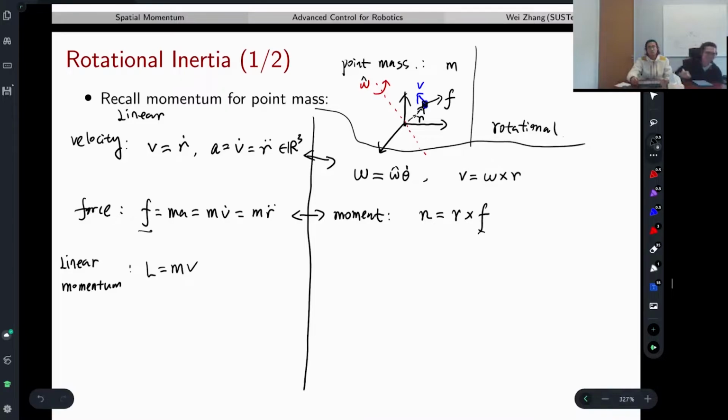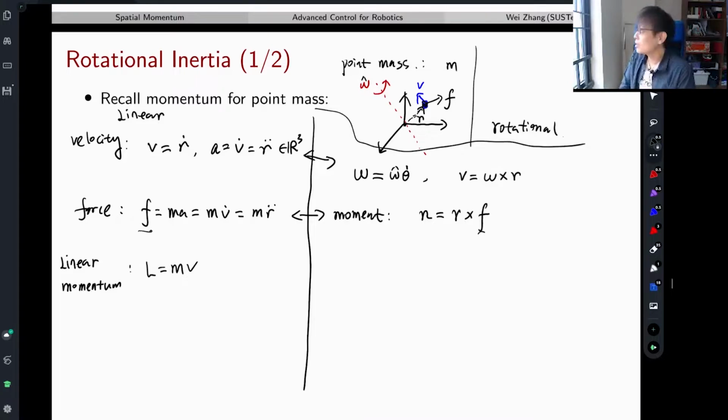I call it L, but typically L means, maybe I confuse you with the notation, rotational momentum in physics. For linear momentum they use p. But let's use it here, okay? In our graduate class, we're not bothered that much with conventional notation.